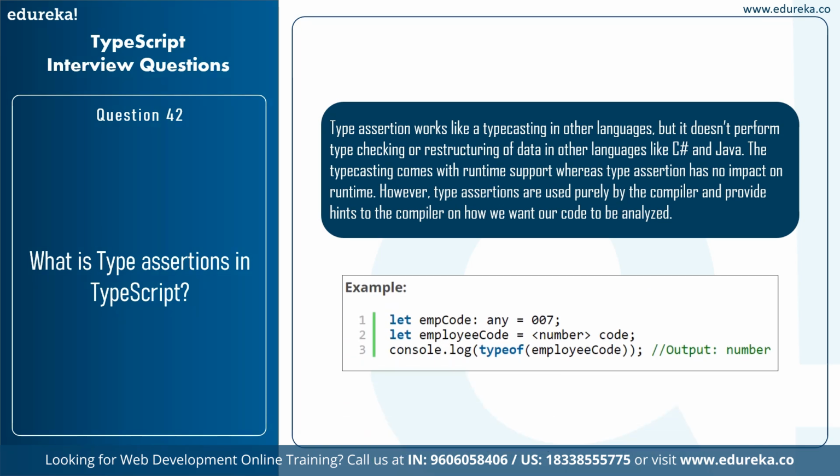For example, we take let employeeCode and give the data type as any, so we can pass a string, a number, or any data type. Then we have the employee code, which is a number. Now, when we take the type of our employee code, the output will be number, because here we have specified a type.